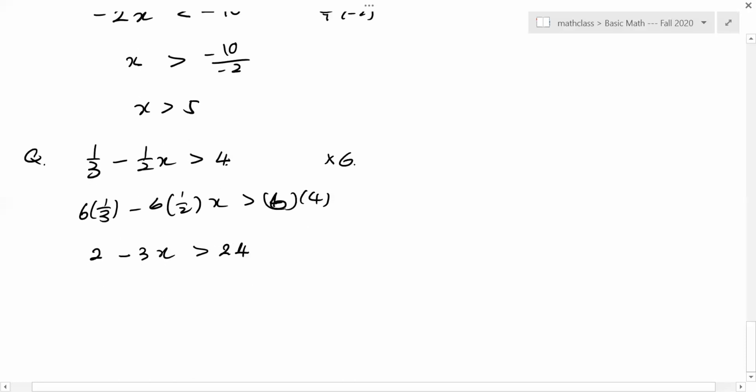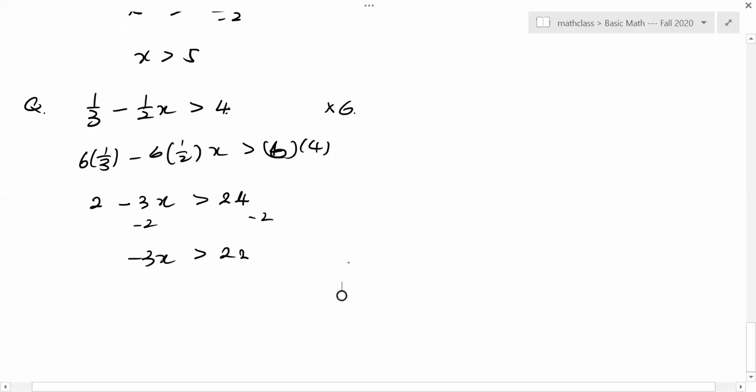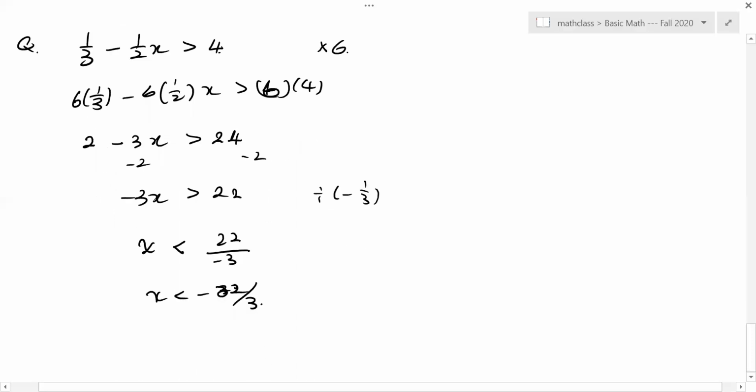Then the next step is you subtract 2 from both sides, you get -3x greater than 22. Now finally you have to divide by -3. So the left-hand side is just x, but don't forget to change the direction of the inequality. 22 over -3. So the answer would be x less than -22 over 3. Right? So this is how we do that.